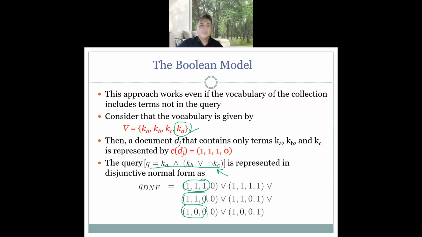So for that reason, my disjunctive normal form will become longer, because here I will list both: 3 1s and then 0 and 1.